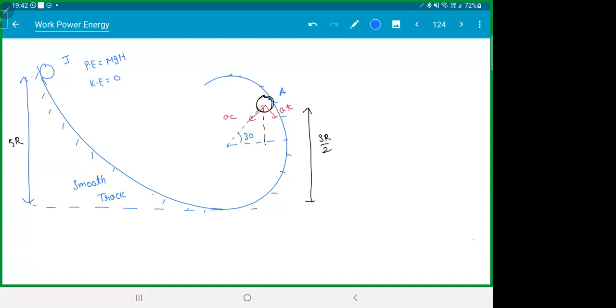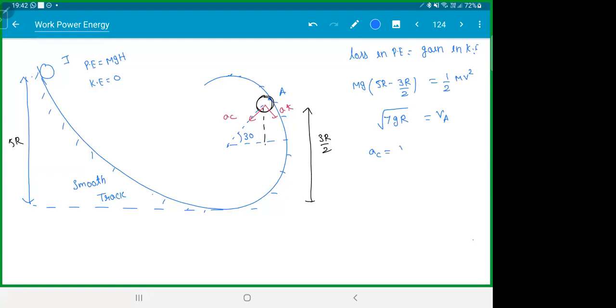Loss in potential energy is gain in kinetic energy: 5R minus 3R by 2, times mg, is half mv square. So 5 minus 3 by 2, that gives root 7gR. This is the velocity at point A, everyone.